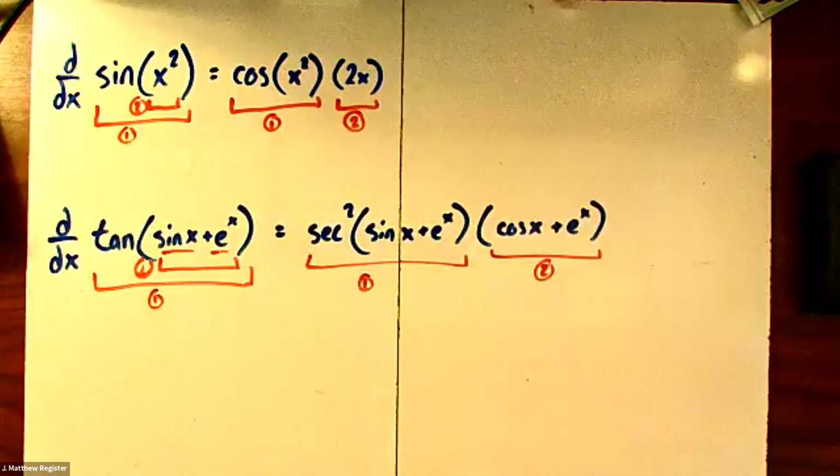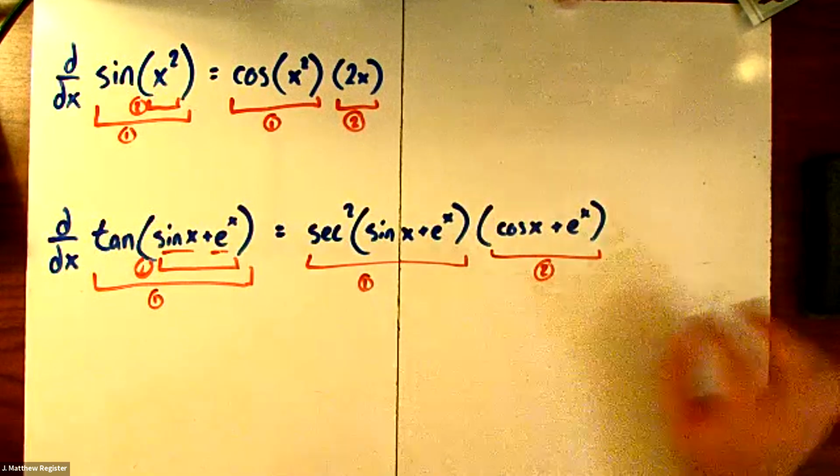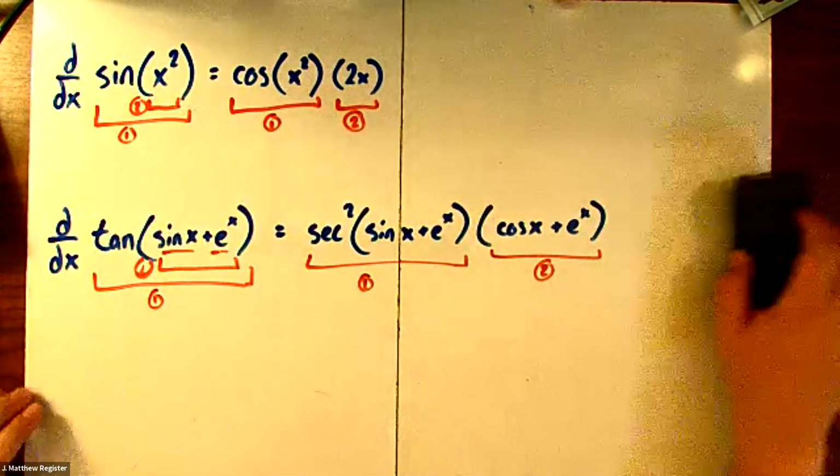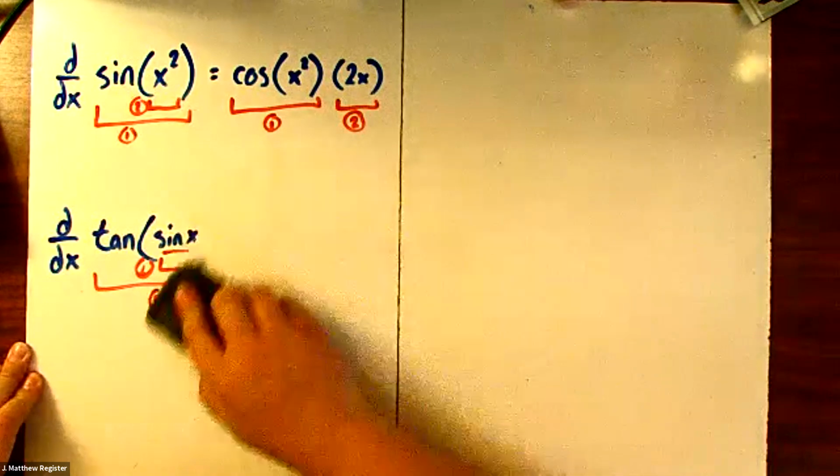That's our chain rule. But these are relatively simple examples of the chain rule. The reason it's called the chain rule is because we can chain this together as many times as we need to. And so let's suppose that we have something that looks like this.